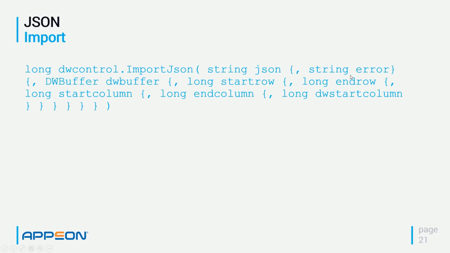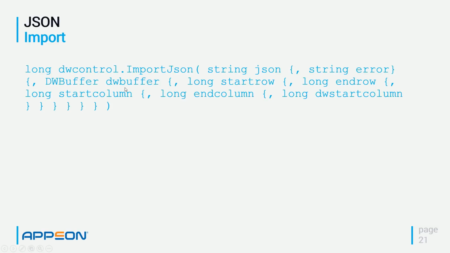There's an argument you pass by reference here. It's a string which will return error information to you, kind of like the old data pipeline did. There was a string you passed by reference, and you would get back any error information that occurred during the pipeline. So this is the same thing, but for the import of the JSON.